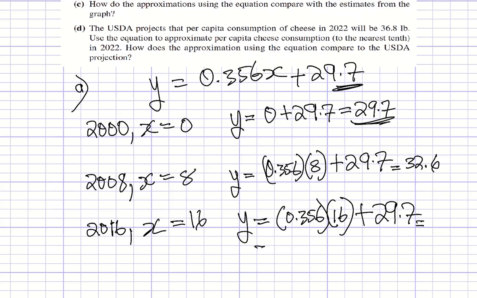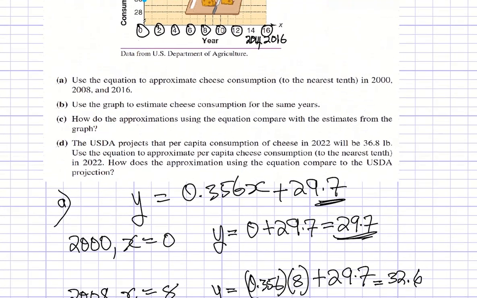Right here you get 35.4. You see that, right?